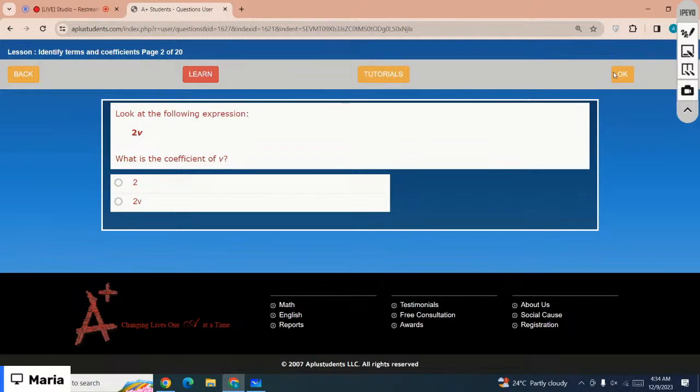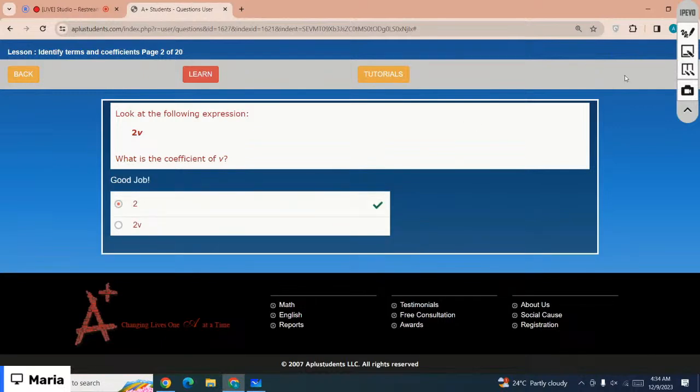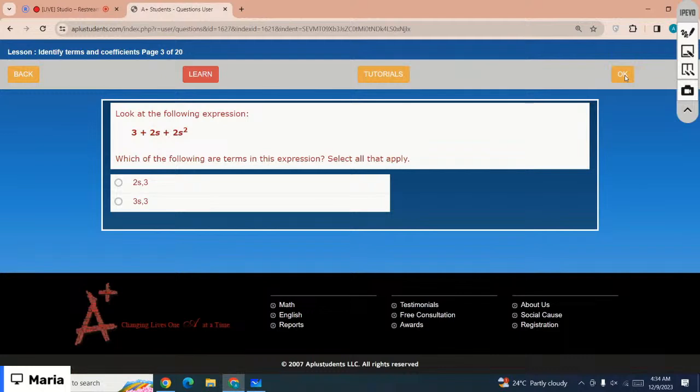Look at the following expression. What is the coefficient of v? Which is the correct option? Coefficient of v is 2. Look at the following expression.